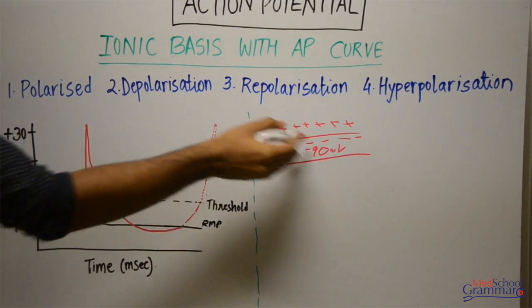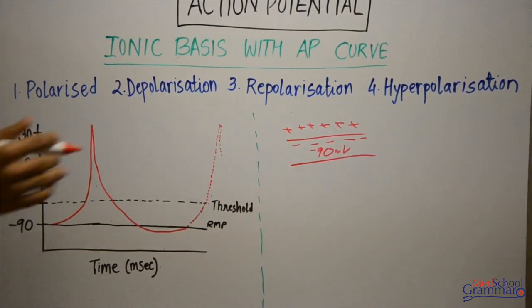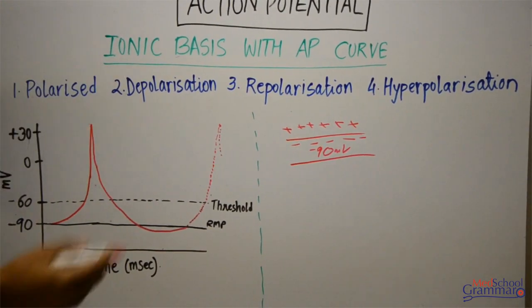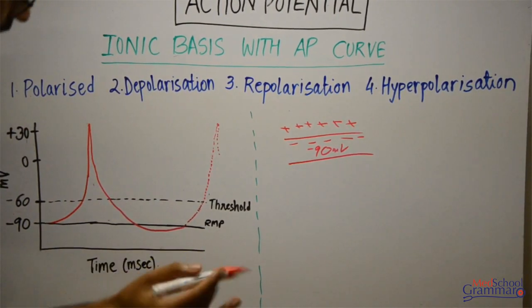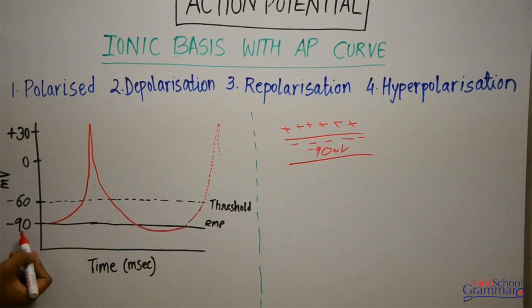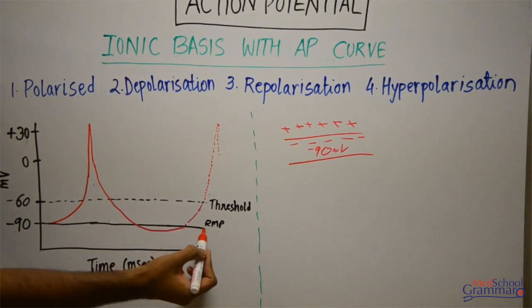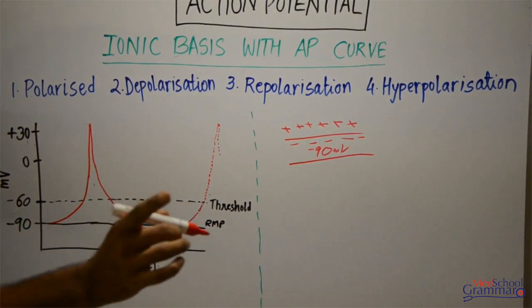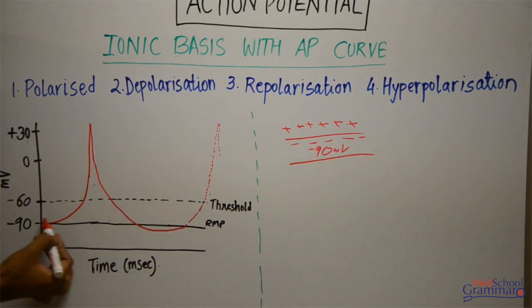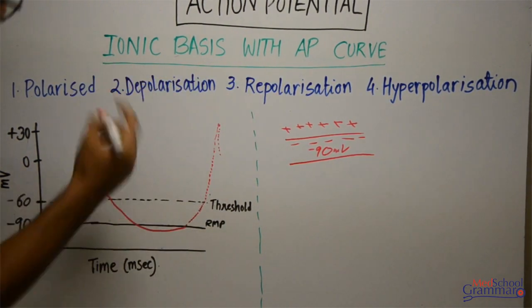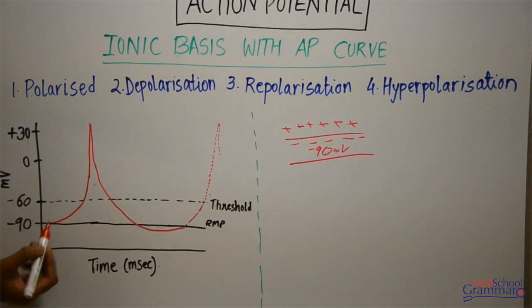This is also known as the state of polarization or the polarized state, as we have discussed in the lectures of resting membrane potential. Here the minus 90 millivolt line represents the resting membrane potential, and we are starting with the polarized state, that is here. This is the nerve fiber at rest at the resting membrane potential in the polarized state.